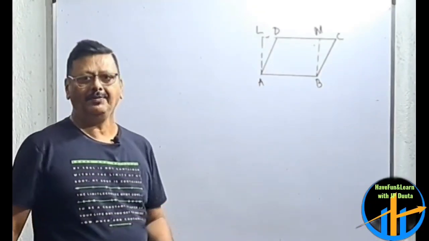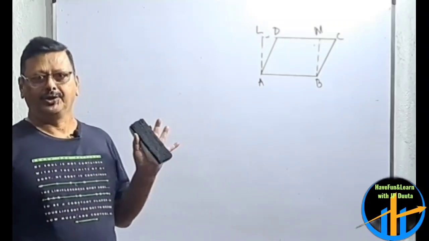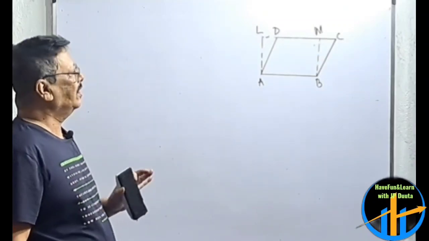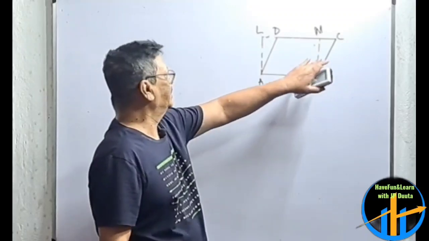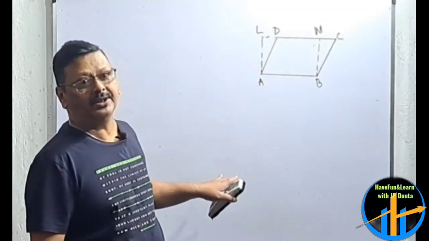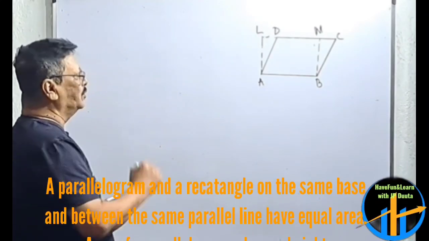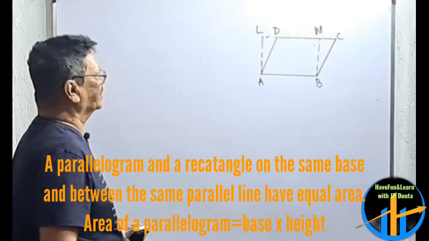Correct? Now, with the help of the previous theorem, we'll prove the area of parallelogram ABCD is AB into BM, or base multiplied by height. Right? So how do we do it? Before we do that, we need to make a construction like this.